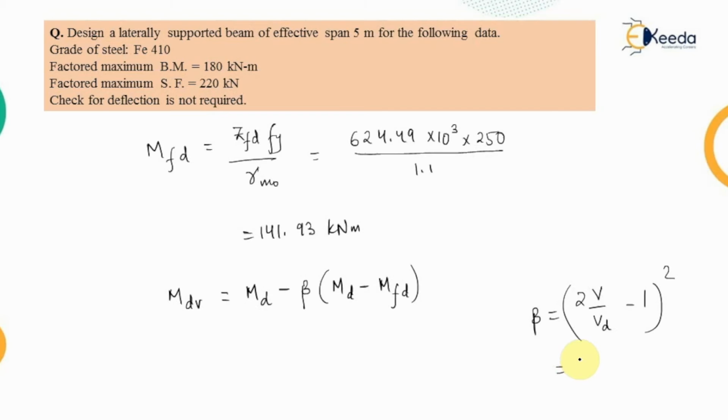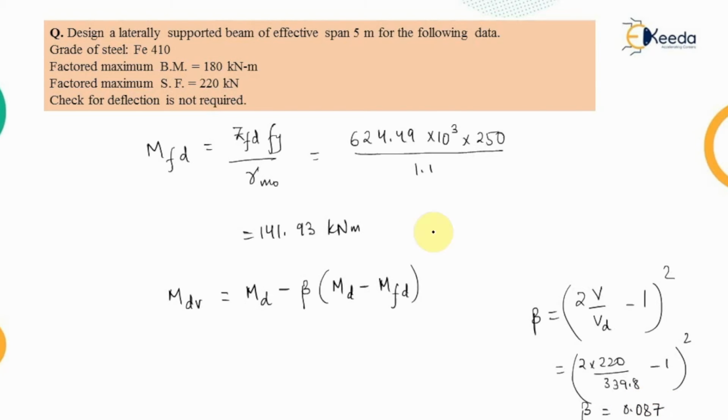So from here we are having all the values with us. So this 2 into V value, V was 220, while this design shear force was 339.8, minus 1 its square. So from here the value of beta that we are getting comes out to be 0.087.